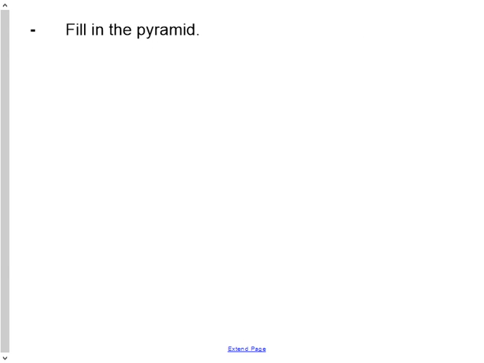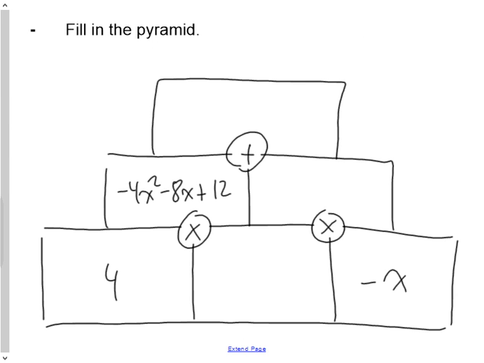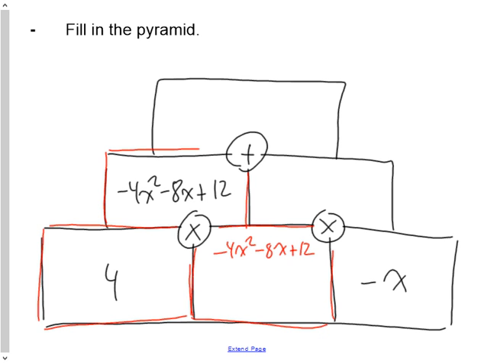And your last question. So the question says fill in the missing parts to the pyramid. So therefore, this 4 multiplied by this number here is giving me the one above it, which is this one here. And since I know what number times what number is this, I could use division to solve it. So what I'm going to do here is I know that this number divided by this number will tell me the missing number that's multiplied here.